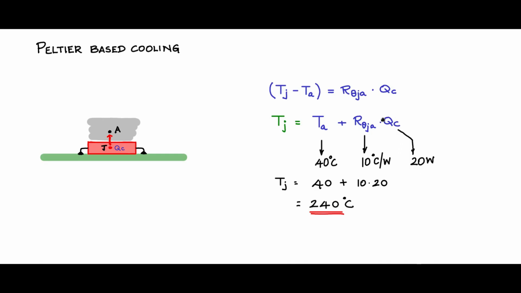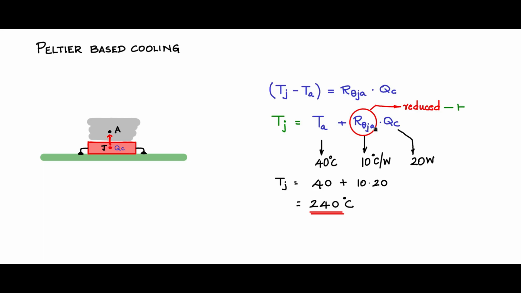You have no control over QC because that is dependent on other parameters of the circuit. You have no control over Ta because the ambient temperature is not controlled by you, it is decided by the external ambience. The only thing that you can control is the thermal resistance. So this is what you can do something about, and you can reduce this.